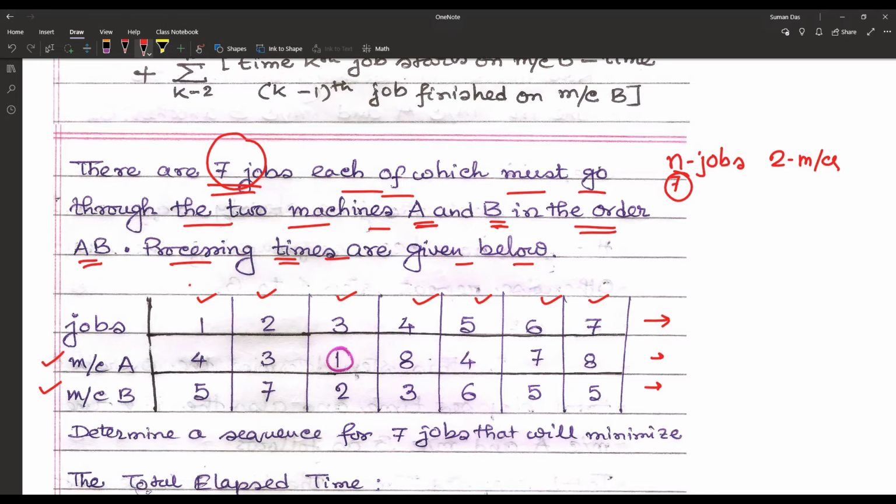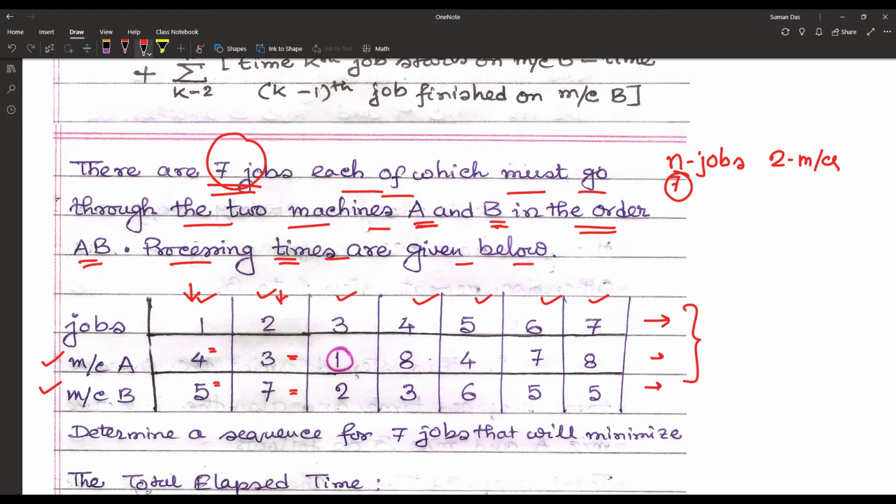Suppose for job 1, machine A has the processing time 4 units, and for machine B, job number 1 has 5 units of time. Same as for job number 2, machine A has the processing time of 3 units, and for machine B, 7 units. In the same way, the table has been constructed.